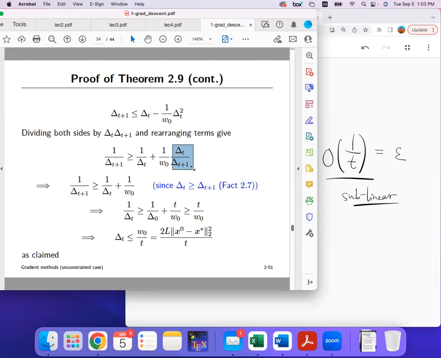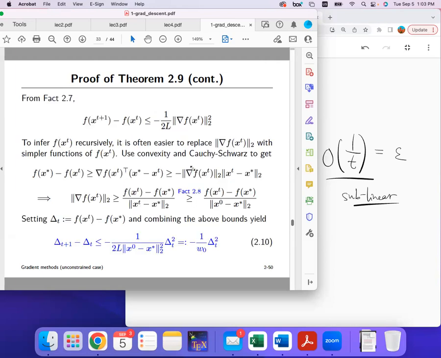And then this ratio can be further simplified because delta t is bigger than delta t plus 1. We have shown that this function value is decreasing, which means your delta t is decreasing.